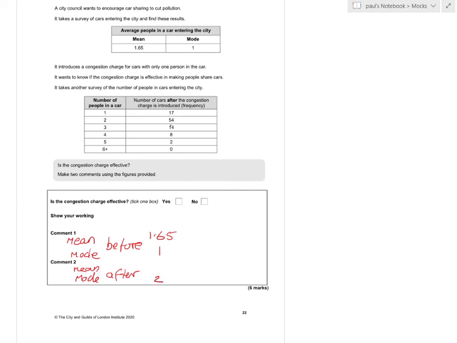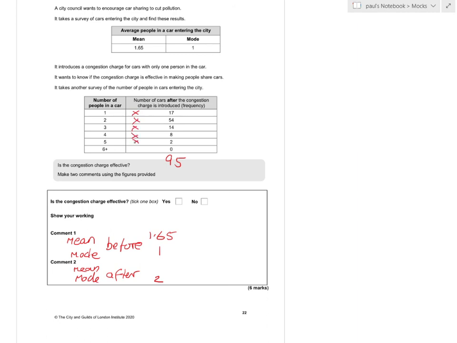We've got to work out the mean. Number of cars times the number of people. So let's add up all the number of cars: 17 plus 54 plus 14 plus 8 plus 2. So the number of cars is 95. Now the number of people is these two multiplied together.